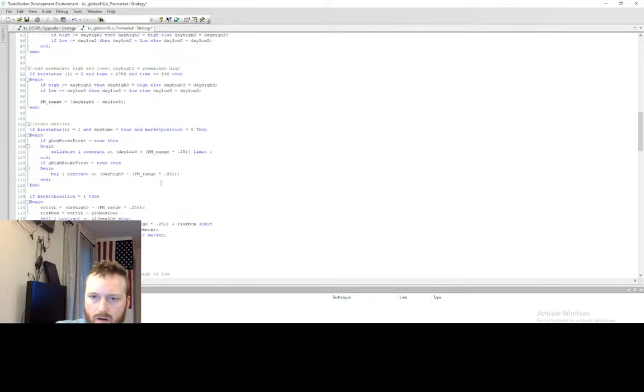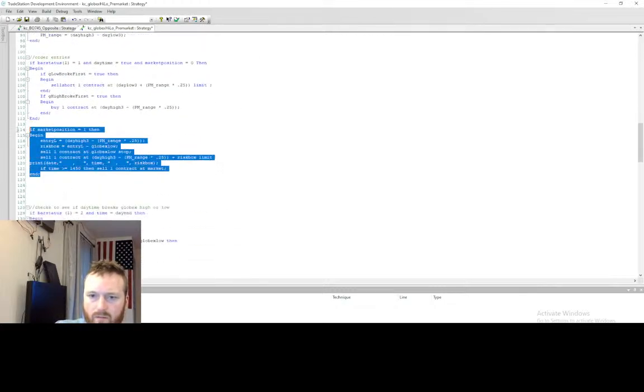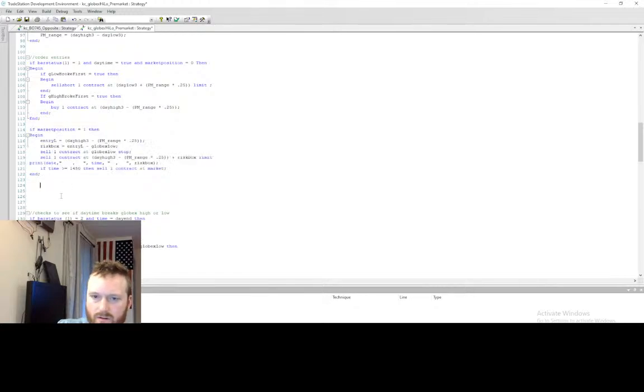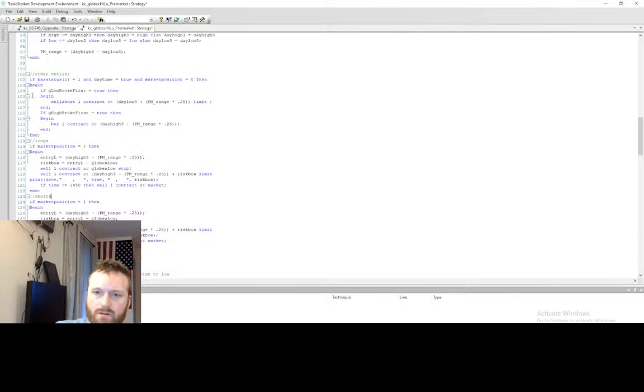Cool. Now we wanted to do pretty much the same thing for the shorts. So for the shorts is right here. Longs, shorts, order entries.